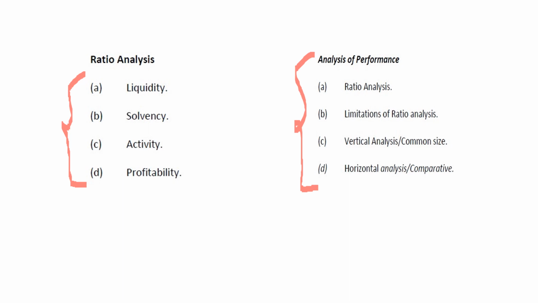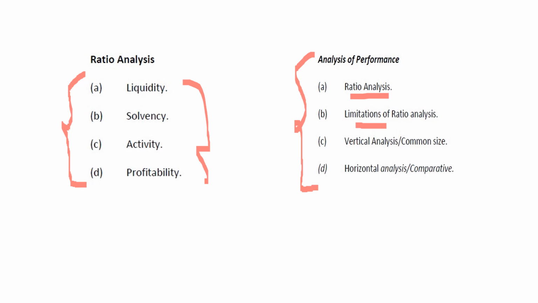So the analysis is simple. The analysis here is of the ratios that we calculated, right? You should be able to tell what they are, and you try not to say more than the ratio says. Limitations of ratio analysis.